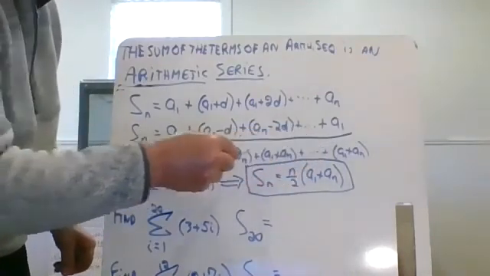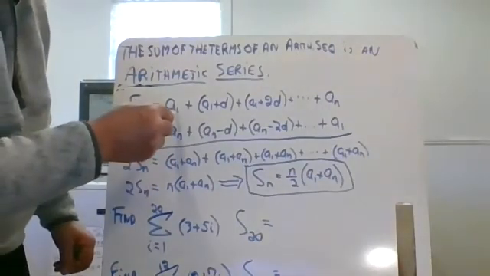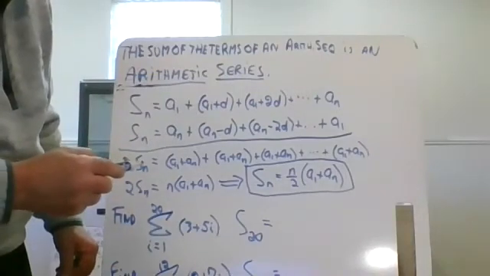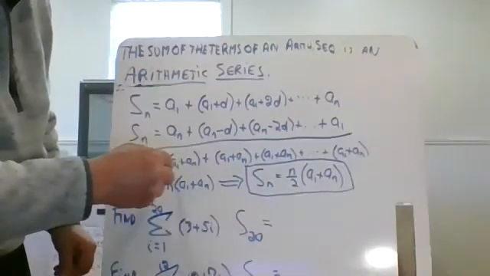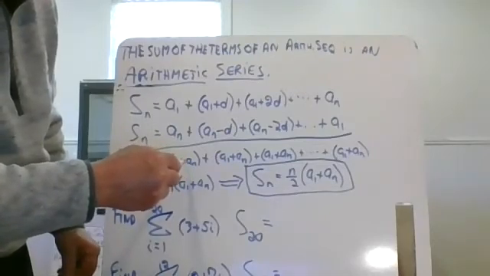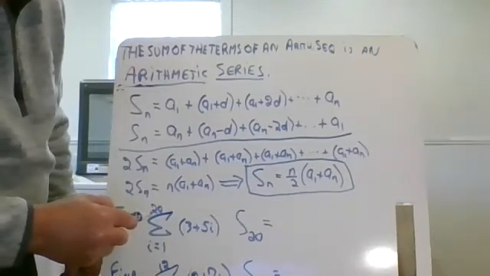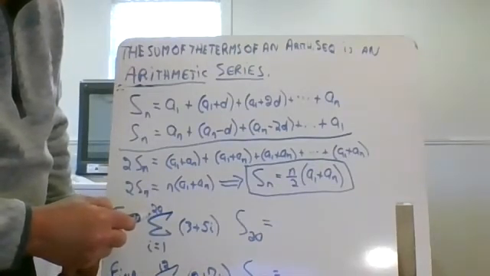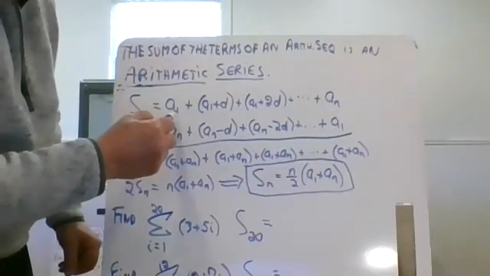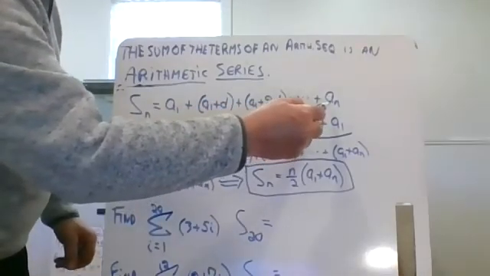How many of these do we have, if you're going from A1 to A sub n? How many of these A1 plus A sub n's do we have? Anybody? Be infinite or no? No. We start with A sub 1 and we go to A sub n. So how many do we have?